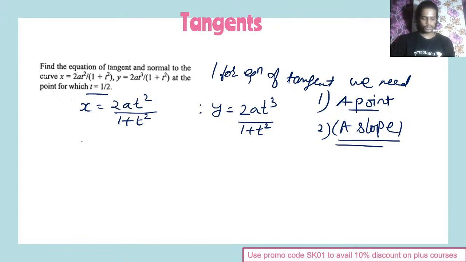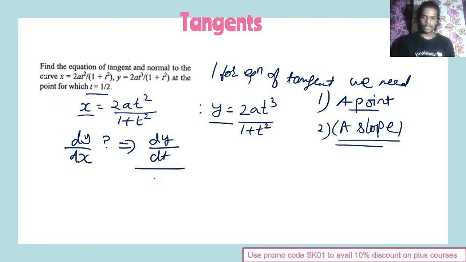The slope is dy upon dx. But this is y, this is x, and they are not represented as a function of each other. So how do we calculate dy by dx? So this is a trick. What you can do is, you can calculate dy by dt, you can calculate dx by dt and divide them.